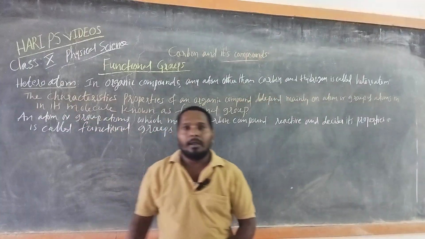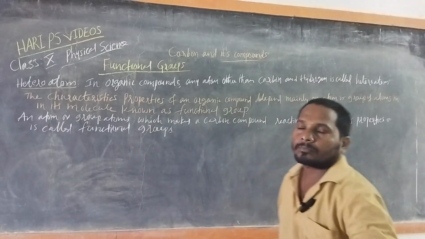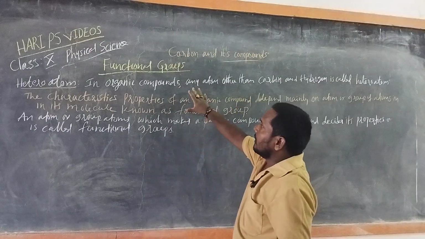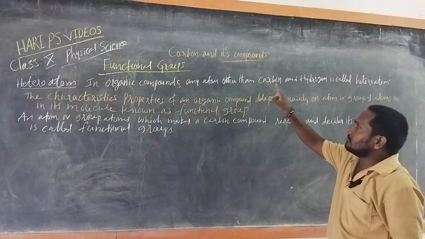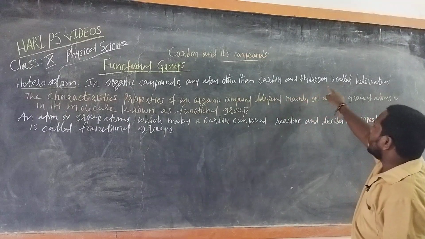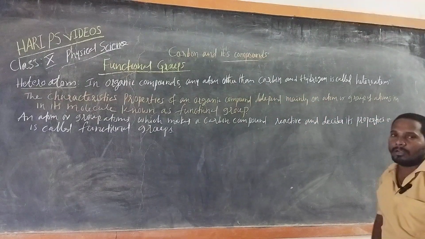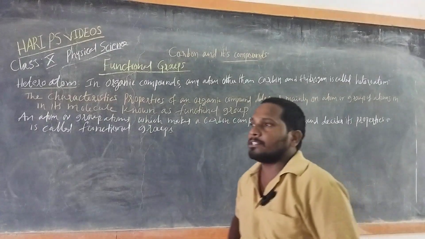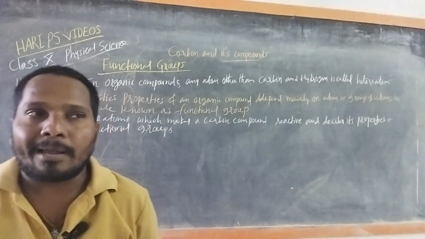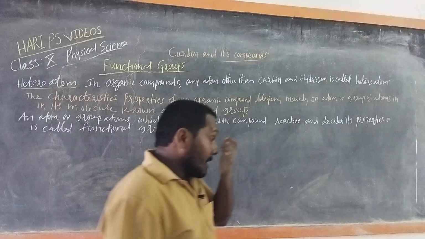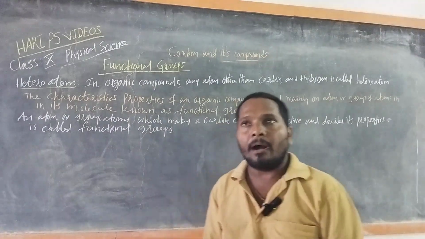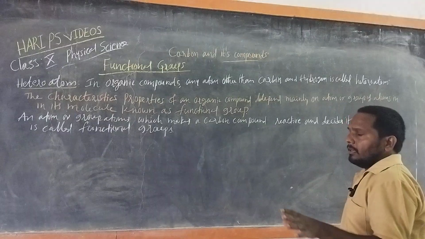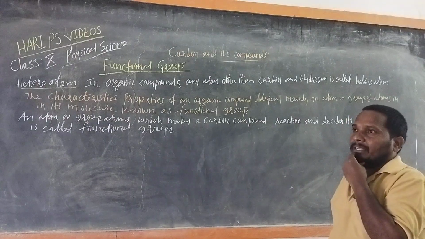Heteroatom. In organic chemistry or organic compounds, any atom other than carbon and hydrogen is called a heteroatom. As we know, hydrocarbons are carbon compounds mainly made of carbon and hydrogen.